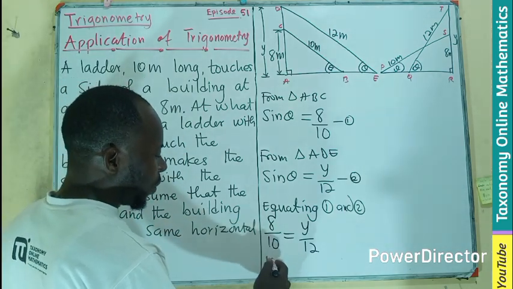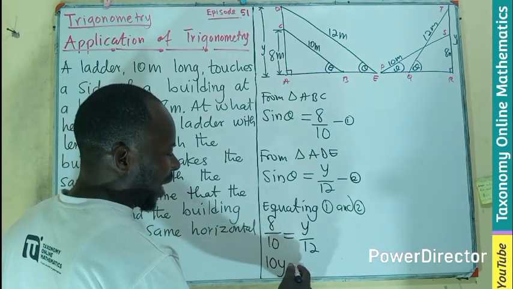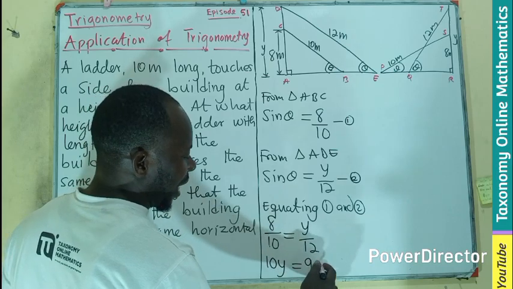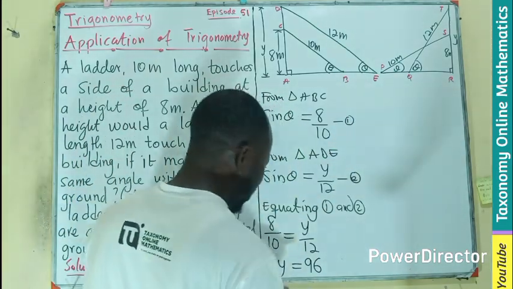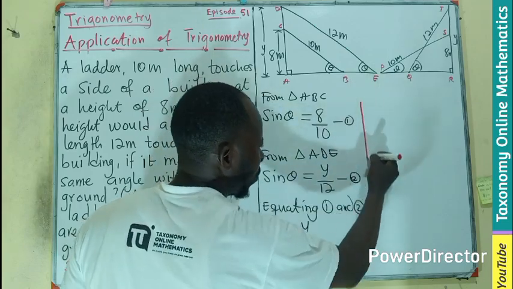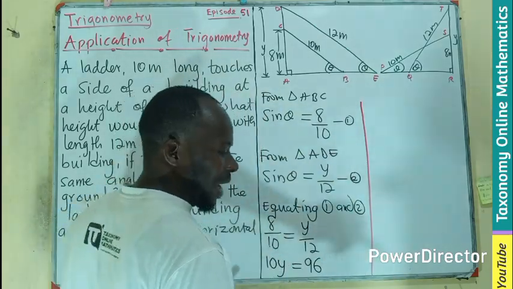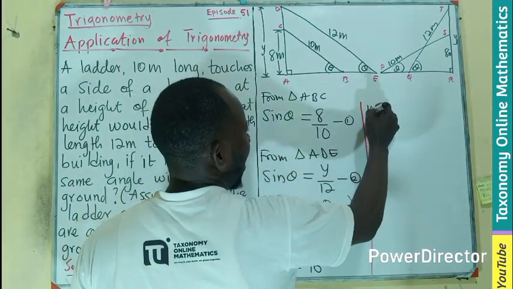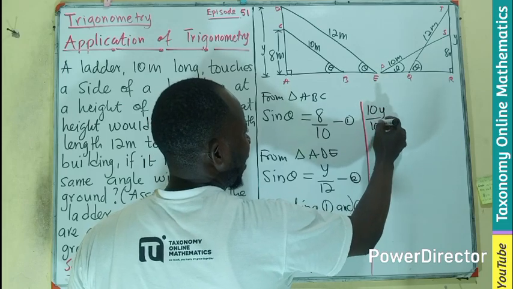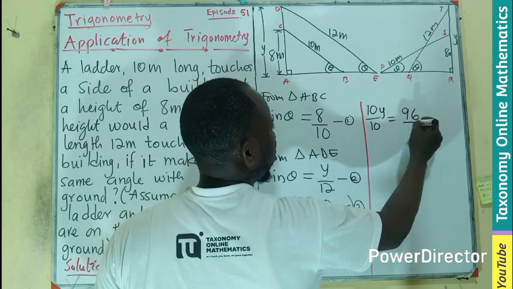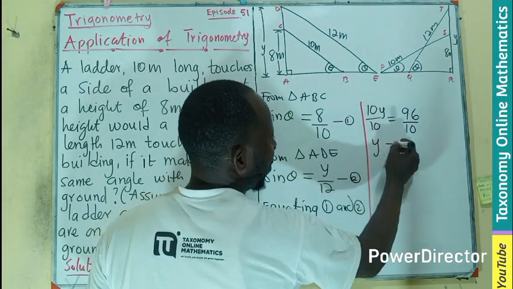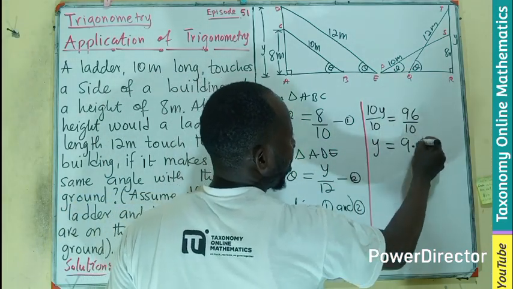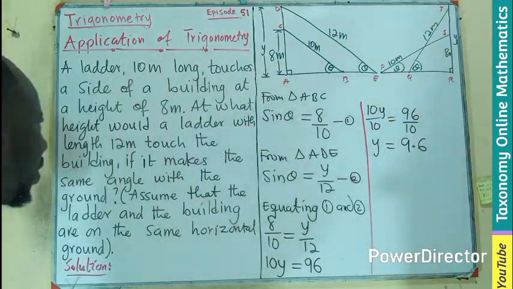That's a simple equation of the two sides. And that will give you 10y if you cross multiply, and this will be 96. But we are looking for y, so we divide both sides by 10. That will give you 10y over 10 equals 96 over 10. By cancellation, y will now be 9.6. What are we looking for?